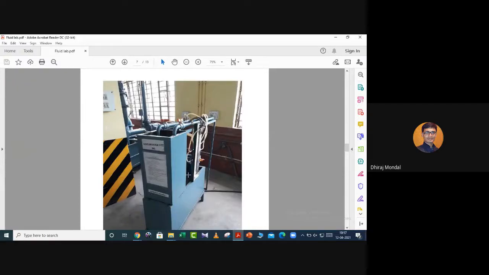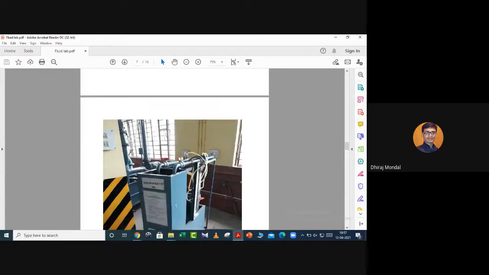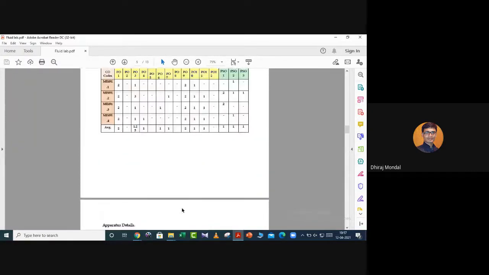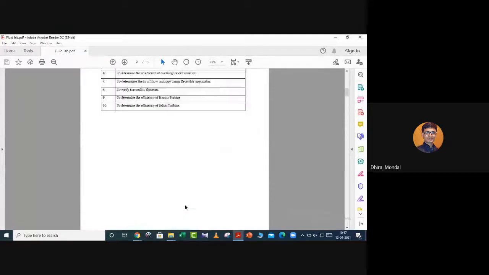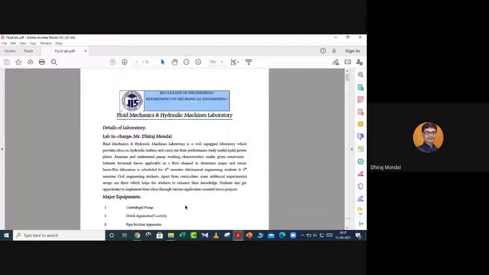If you are coming to college, then you are welcome. In JIS College of Engineering, you know that all the classes are taking place without hampering any class. In this COVID-19 situation, you are getting all the classes. So if you are not coming, then also the lab will be performed.